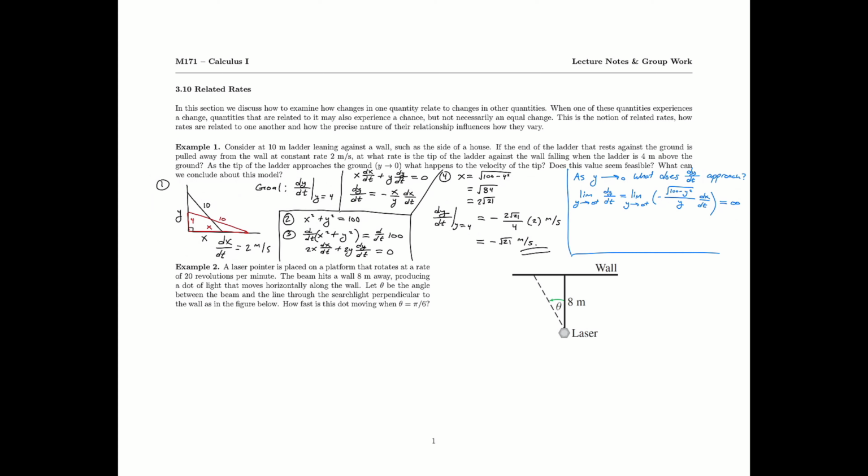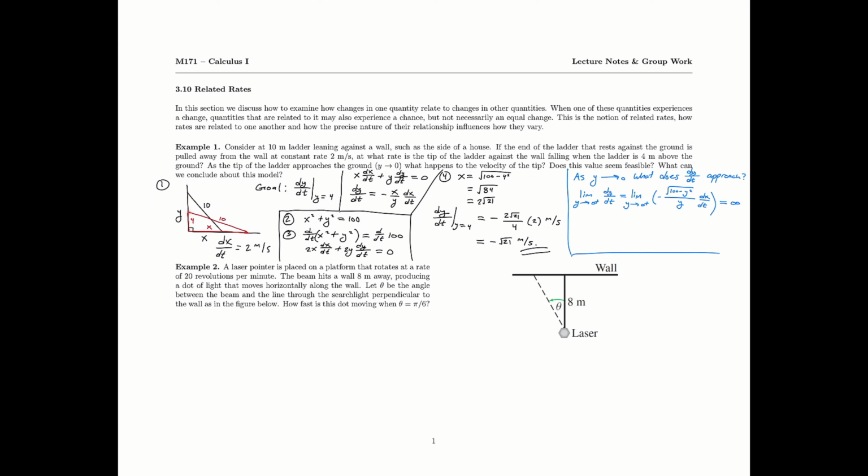Does this value seem feasible? No, we've all dropped things and we've never witnessed an infinite speed. So what's wrong here? What's wrong here is that this mathematical model that we chose to use works when the ladder tip is sufficiently far from the wall. But if you actually reproduce this experiment in real life, the ladder's tip clings to the wall, but at a certain point there's a lack of friction.